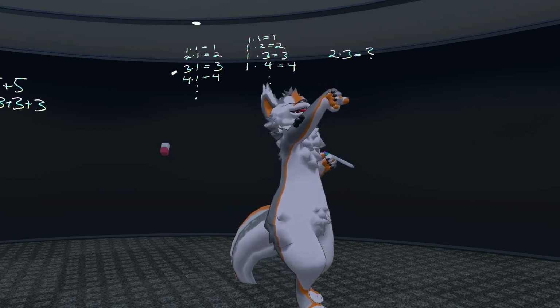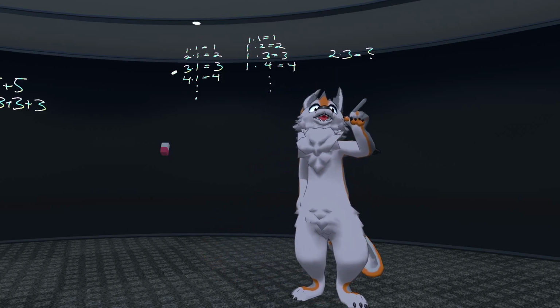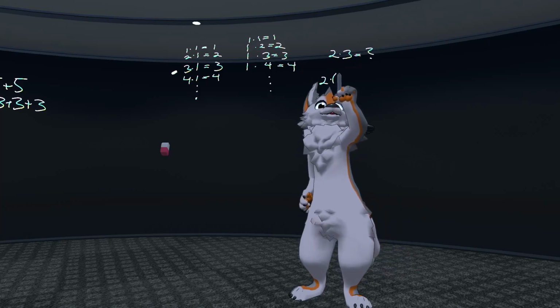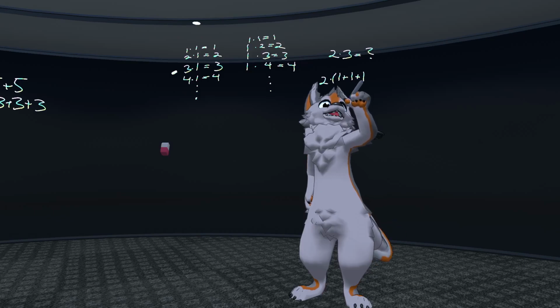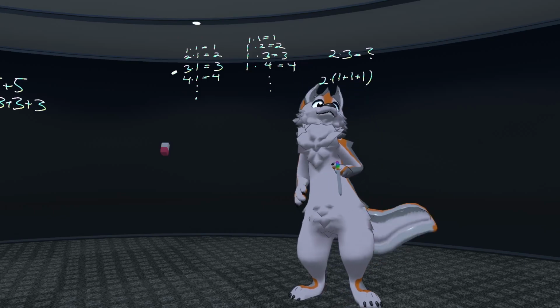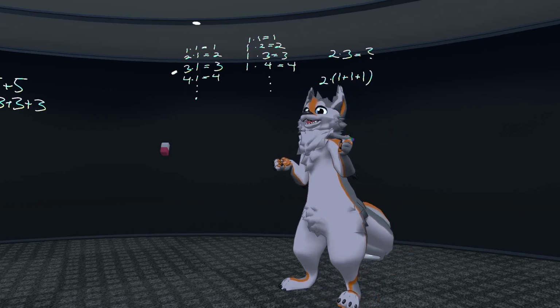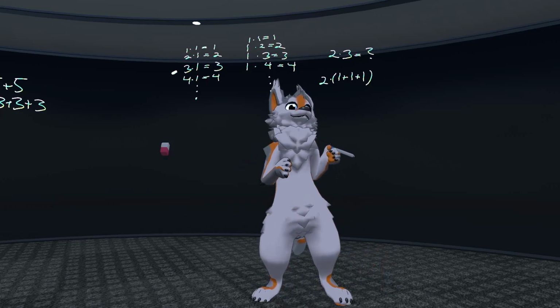So, first of all, let's notice that we can write this 3 as 1 plus 1 plus 1, right? Getting back to the basics of addition, right? That's essentially the definition of 3, if you want to think about 3 that way, okay?